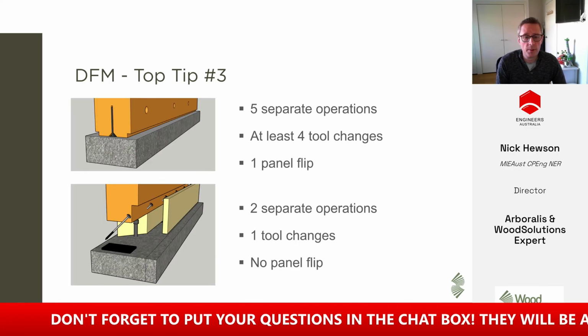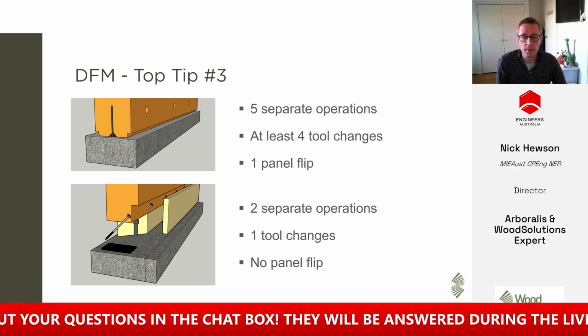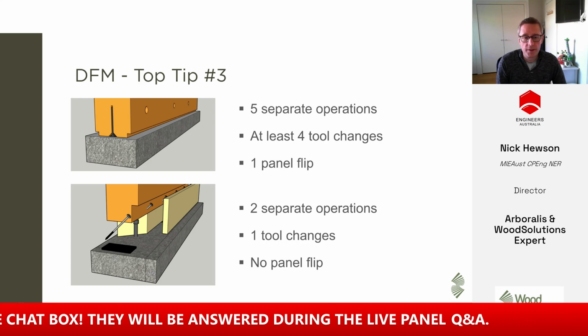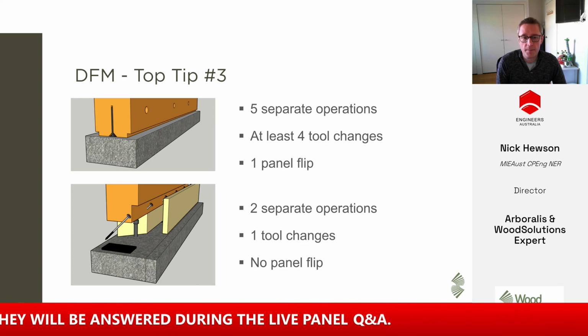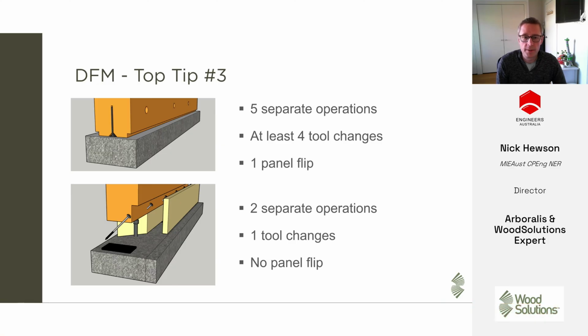So just as an example, here's a couple of details for a CLT wall plate landing on a concrete slab. The top one, as you can see, has a lot of different elements in it. It's got rebates, it's got drillings, it's got a fillet for an angle plate to be pre-bolted down to the slab. It needs the panel to be turned over.